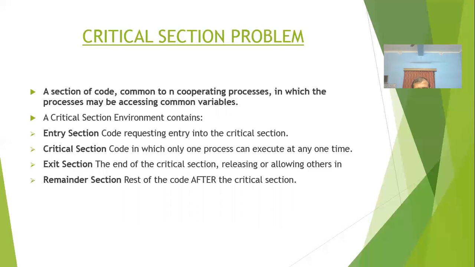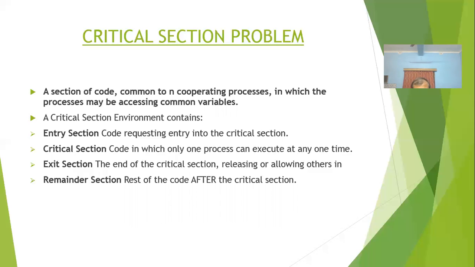That means it is a section of code common to n cooperating processes in which the processes may be accessing common variables. Whenever a particular process tries to access the common variable, it must be executing in its critical section. We call that particular section of code the critical section.